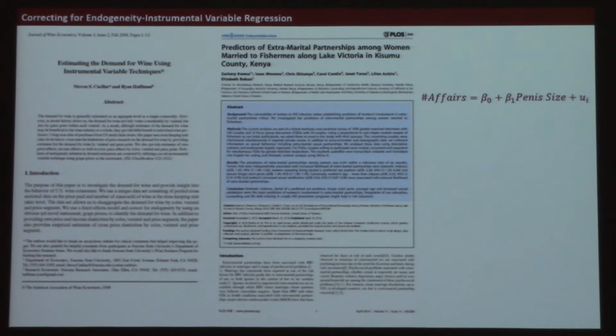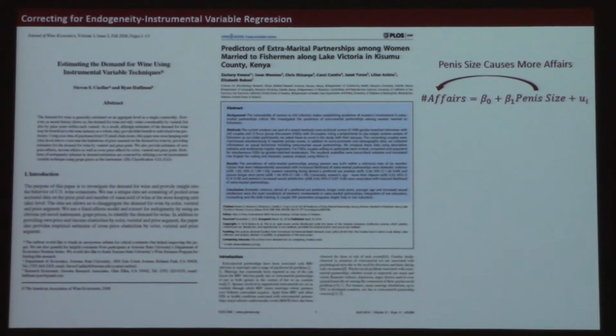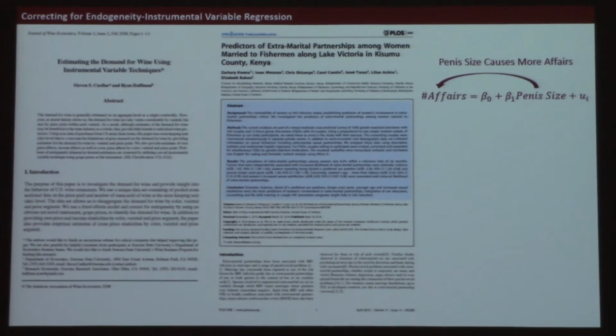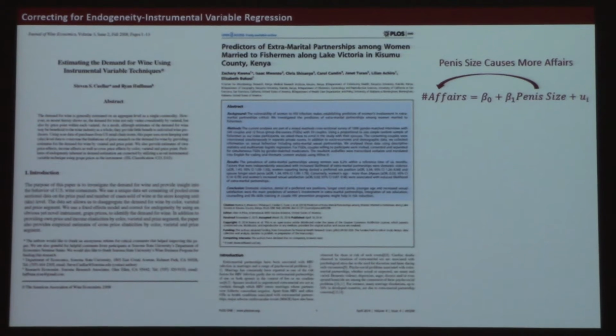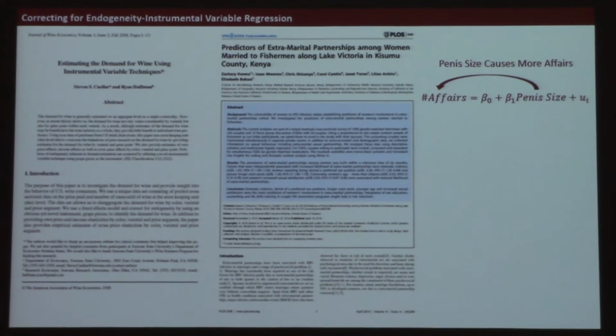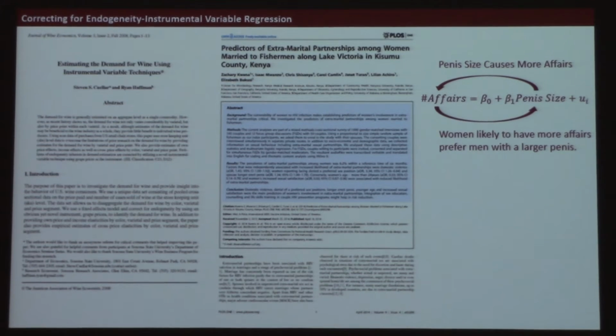Or research students. So what they're saying is that penis size of the husband causes women to have more affairs. So that's the direction of the causality. What I'm saying is there might be some endogeneity here. It could be that women likely to have more affairs prefer men with larger penises.